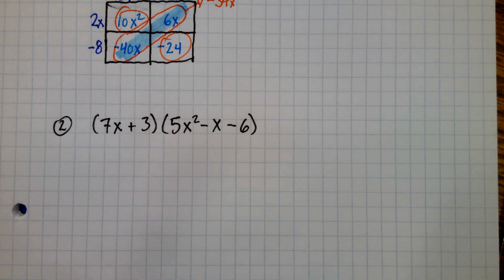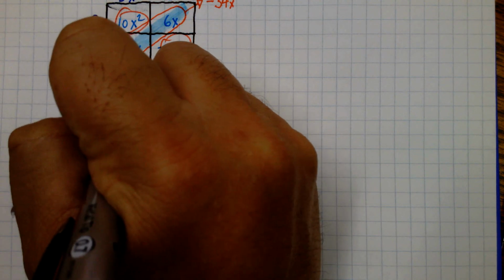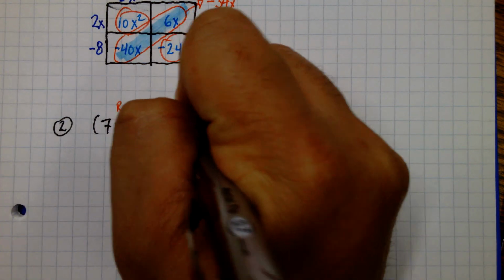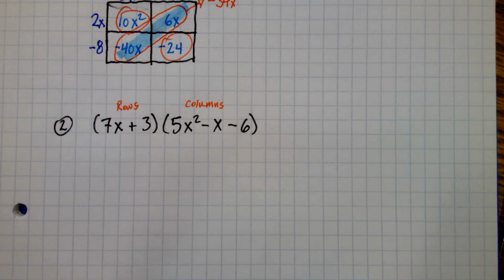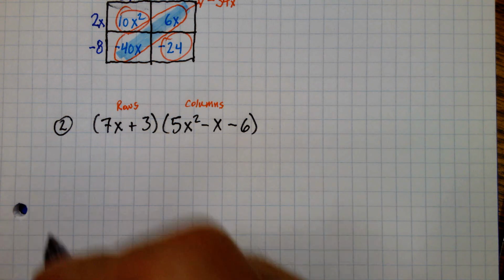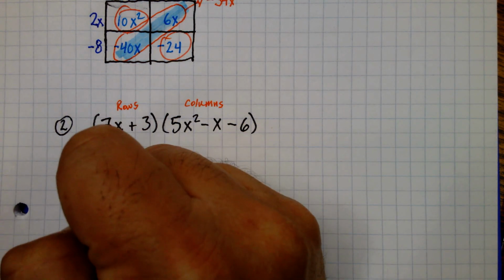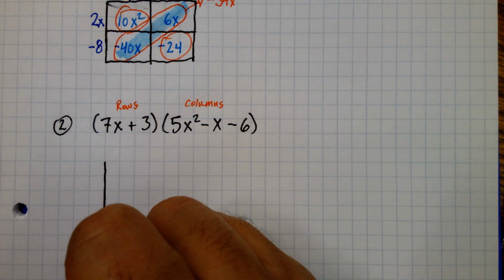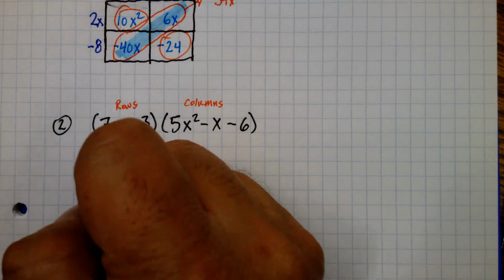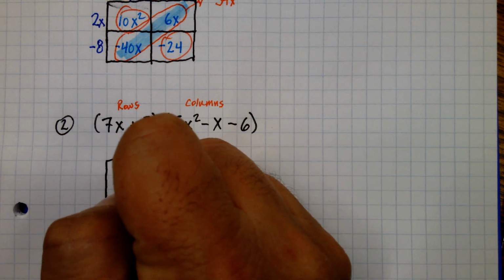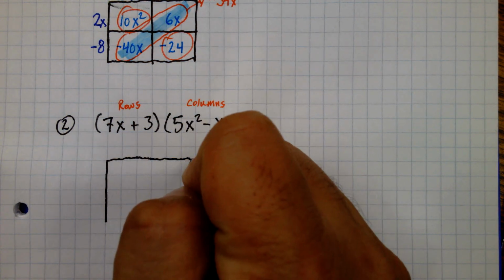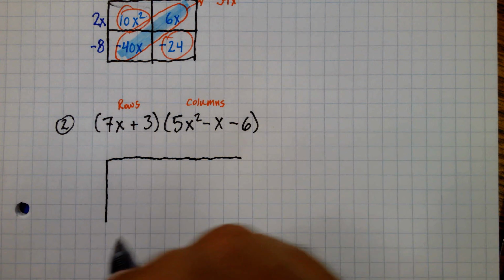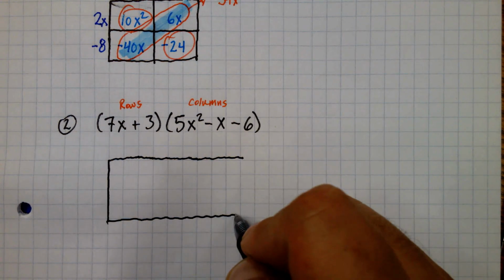This should be kind of your rows, maybe. And this is going to be your columns. So we want to make a 2 by 3 rectangle. Let's go ahead and make that. 2 again. 1, 2. By 3. Maybe something like this.